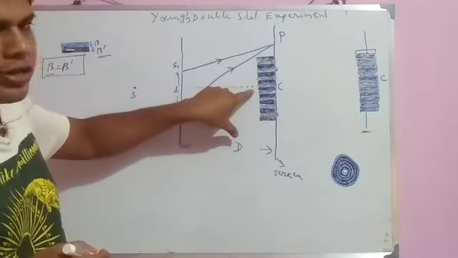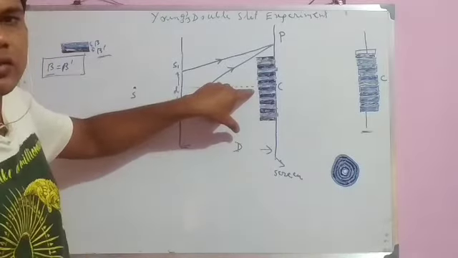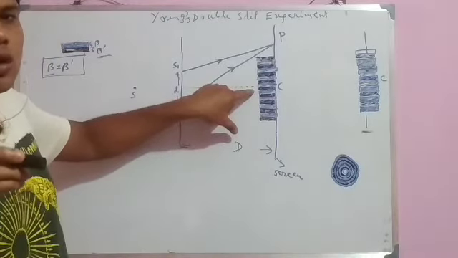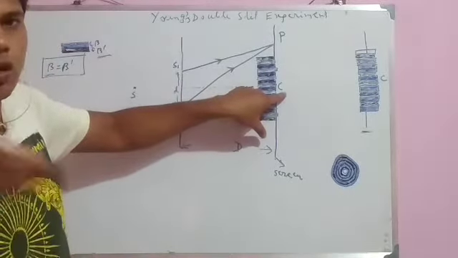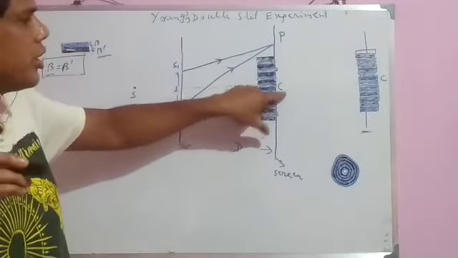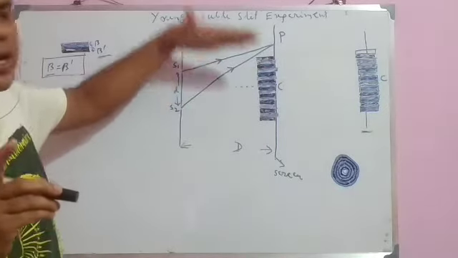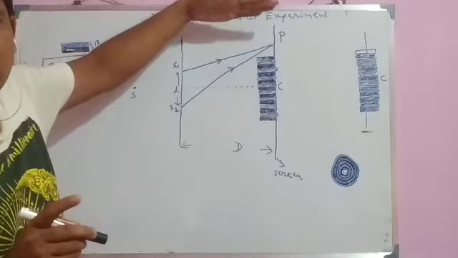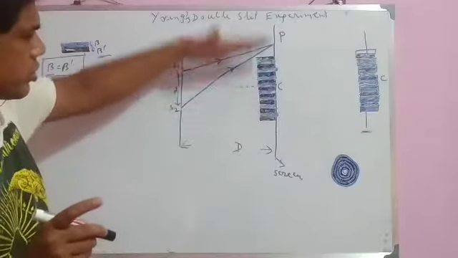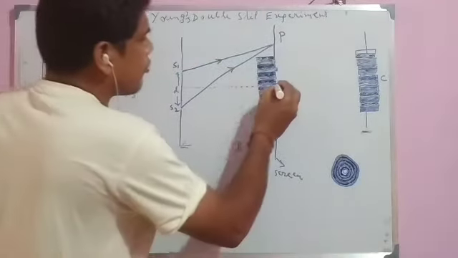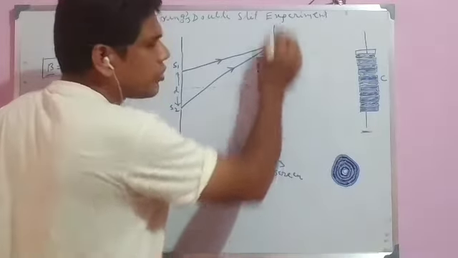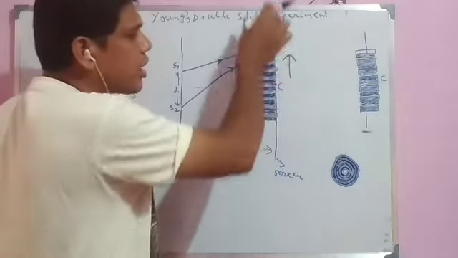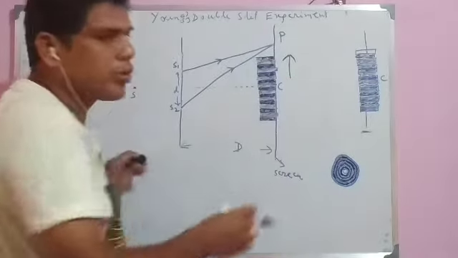Here the bright fringe is due to constructive interference, and remember in Young's double slit experiment that the center point on the screen always produces a bright fringe. Then alternately dark, then again bright, dark, bright, like this. Above the center point C there are alternately dark and bright fringes, and also below the center point.